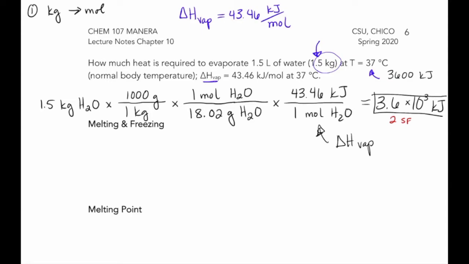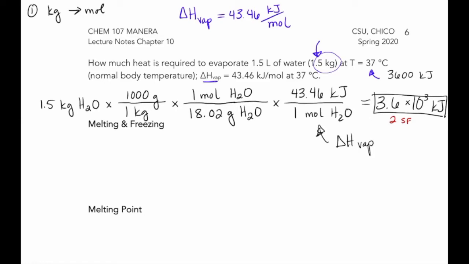Okay, as long as it had 2 significant figures. And so what this is saying is we have a lot more than a mole of water, so it's going to take a lot more energy in order to vaporize that sample. In fact, it's going to take 3,600 kilojoules to vaporize 1.5 kilograms of water. Okay.